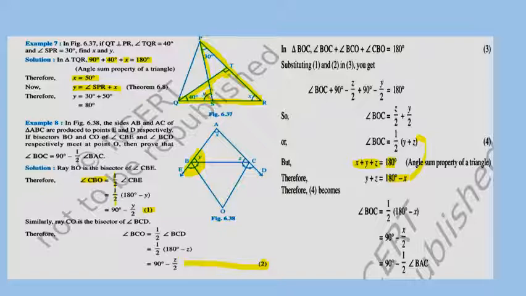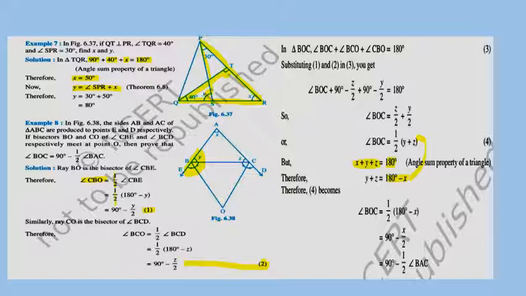If you solve this bracket, you will get this equation as 90 minus y upon 2. The same way for the second angle, angle BCD, we will get the relation 90 minus z upon 2. So give this as equation 1 and this as equation 2.